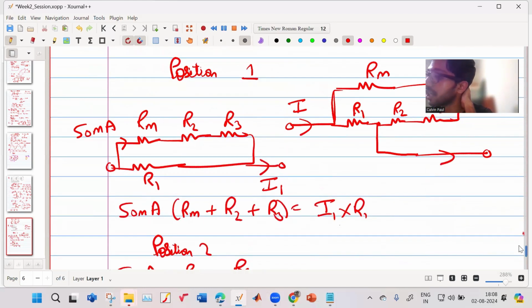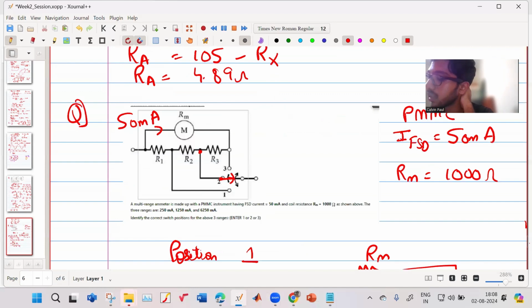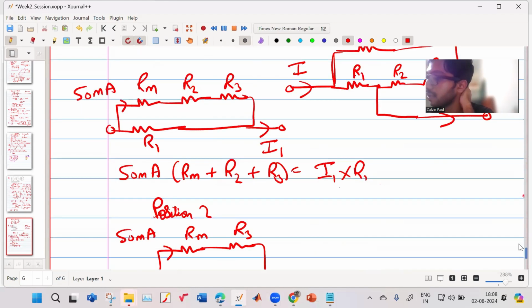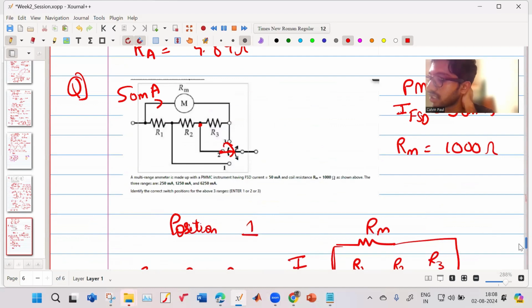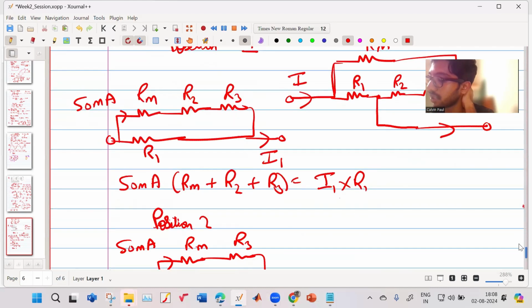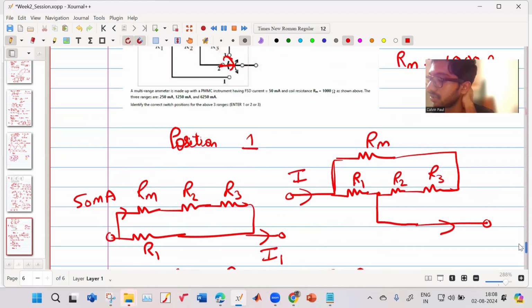Similarly for position 3, this gets connected over here. So for position 3, the circuit will become like this. It will just be Rm, and R1 plus R2 plus R3.